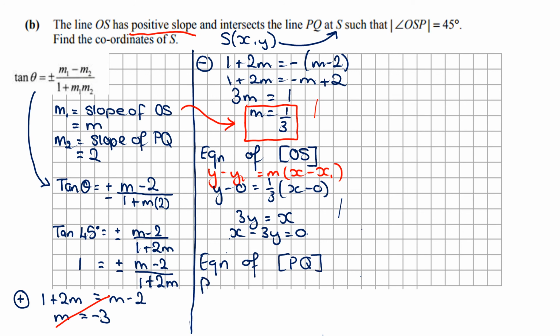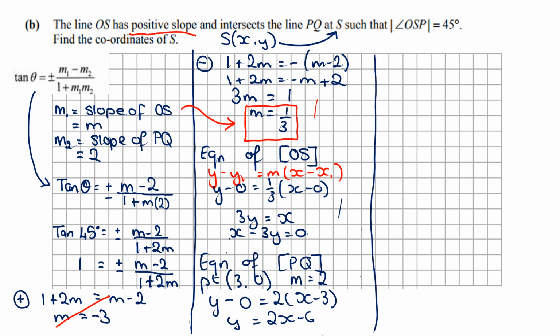We're going to use the point (3, 0), which is P, and its slope, which is 2. And when we work that out, we get y minus 0 is equal to 2 bracket x minus 3. y is equal to 2x minus 6. And again, if you prefer to rearrange it, that's fine.